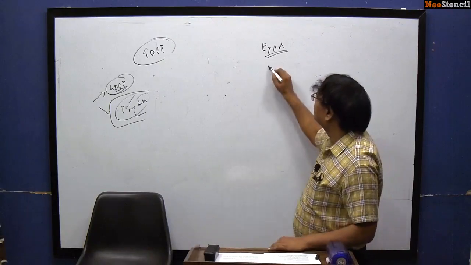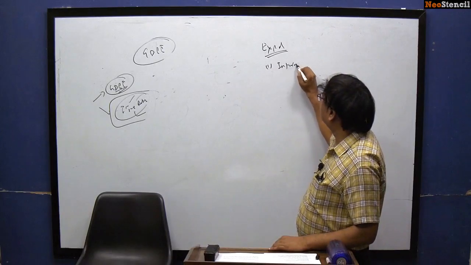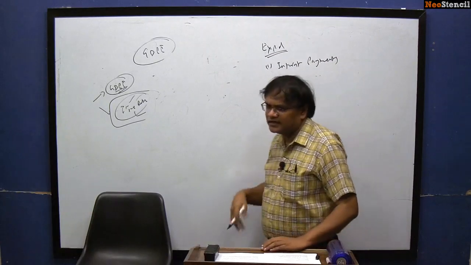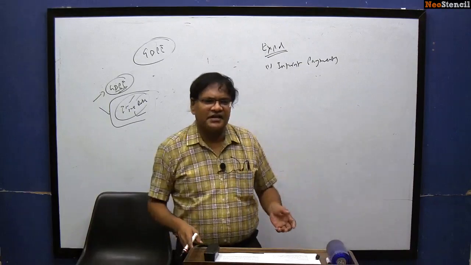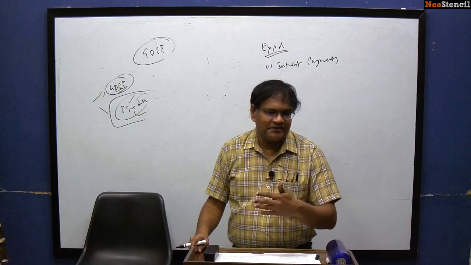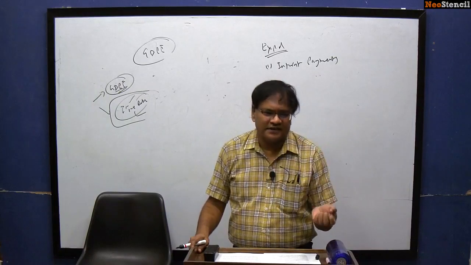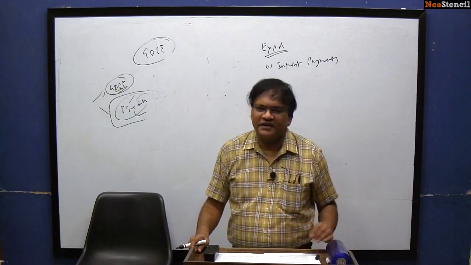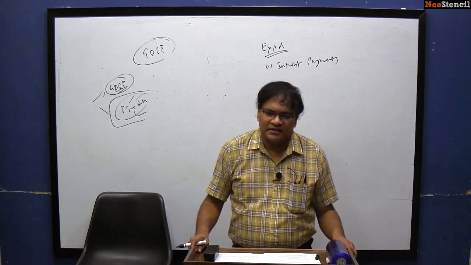For example, interest payments. Interest payments keep on increasing as long as the government takes fresh loans. So, these interest payments are directly related to fiscal deficit. If your fiscal deficit is going up, automatically interest payments also will be very high.